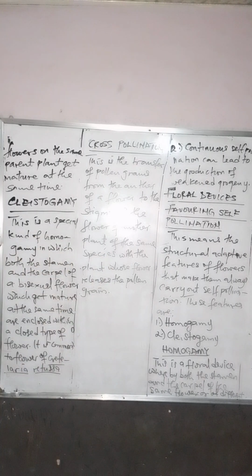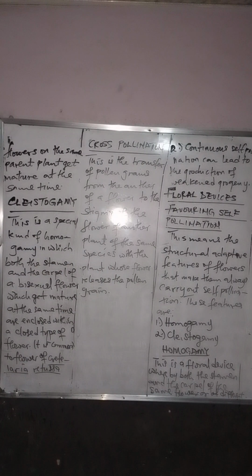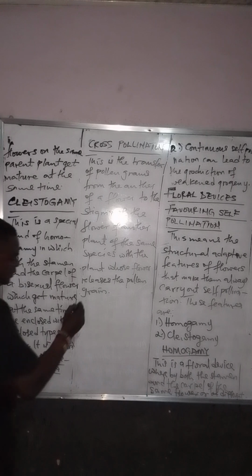What am I trying to say here? Cross-pollination is the transfer of pollen grains from the anther of a flower to the stigma of the flower of another plant. But that other plant must be of the same species with the plant that produces the pollen grain.